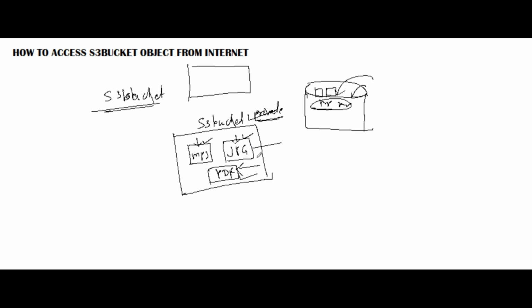Now if you want to download all these private bucket objects through the internet, then you can't download. So what we need to do is give some ACL permission to these objects, then only we can download them through the browser.